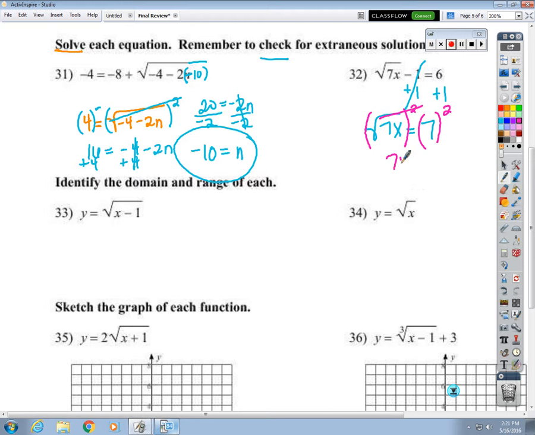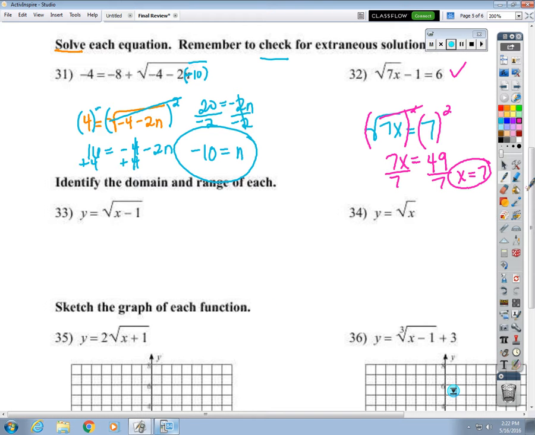So now you have 7x equals 49, and now to isolate the x, divide by 7, and so x equals 7. Okay, for this one, you don't really need to type it in to check it. You can do this in your head. If you plug in a 7 for x, 7 times 7 becomes the square root of 49, which is 7, and 7 minus 1 is 6, so it works.